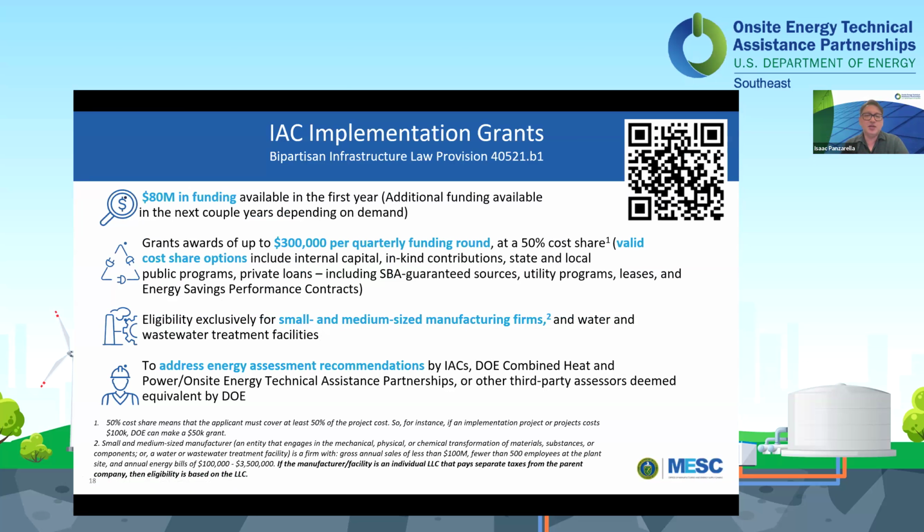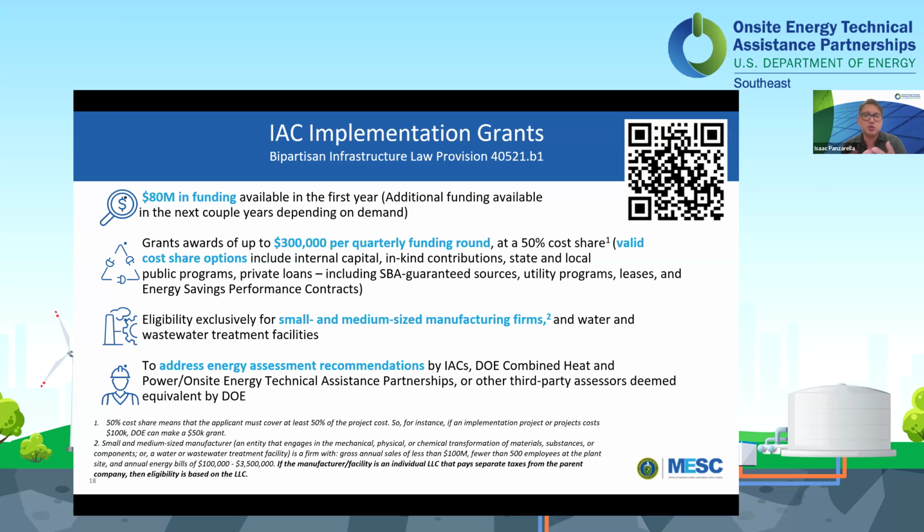One of the ways that you can qualify for this grant is to get a recommendation from either a DOE Industrial Assessment Center, a DOE Combined Heat and Power or On-Site Energy Technical Assistance Partnership, or a third-party assessor that's been deemed equivalent to the previous two by DOE.